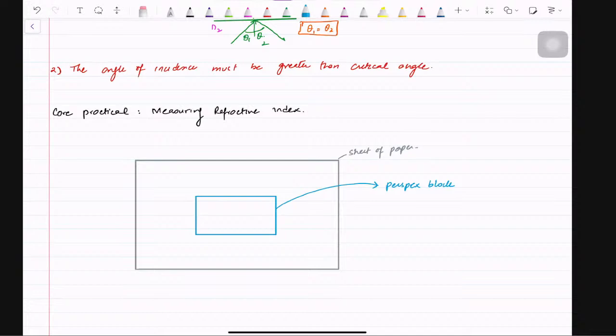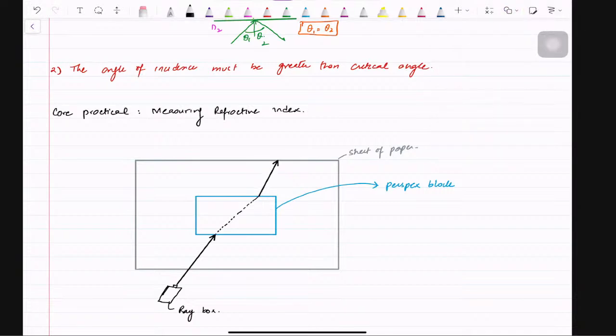And then what you need is it's called a ray box. Ray box is just laser light. So when it enters like here, within the perspex you can see the light going in and then going out like this.